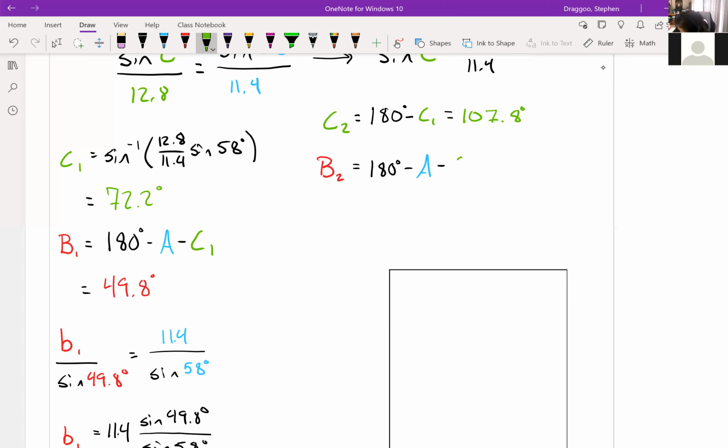Minus C2. And we can see what we get here. Change 72 to 107.8. 14.2 degrees.